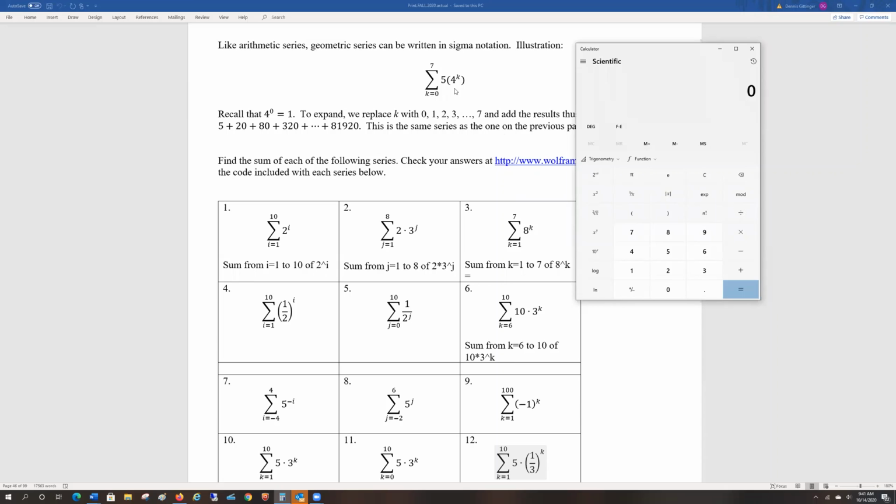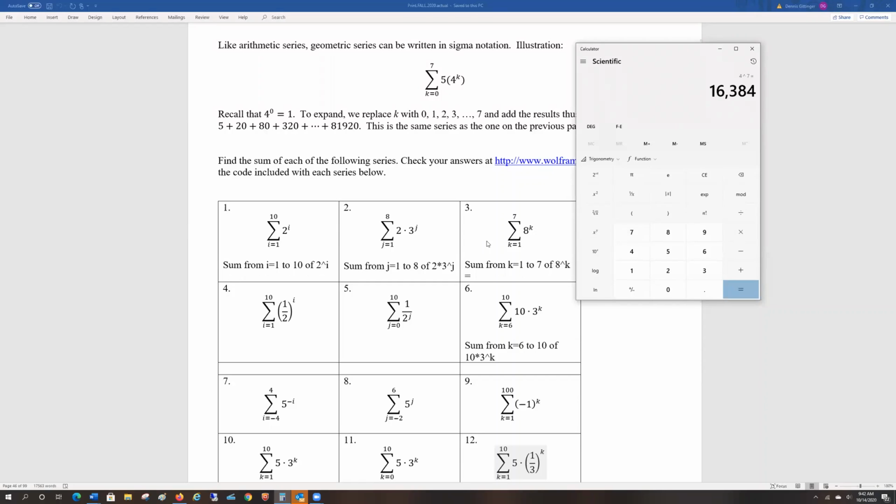So for example, if I wanted to do 4 to the 7th power, now this is 5 times 4 to the 7th, but I'm just going to do 4 raised to the power 7 equals. Some of you may have on your keyboard an upside down V above the number 6, like a shift 6 would be an upside down V. That's a caret, and in many calculators that means raised to the power. For others, I'd have to see them to help you out with that.